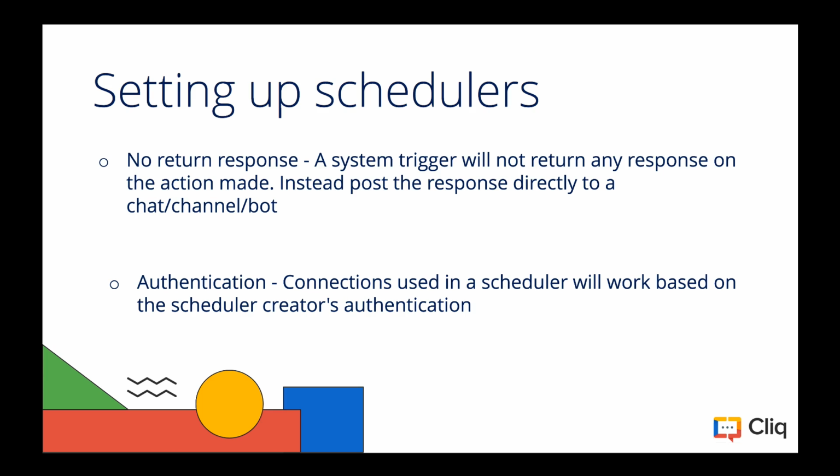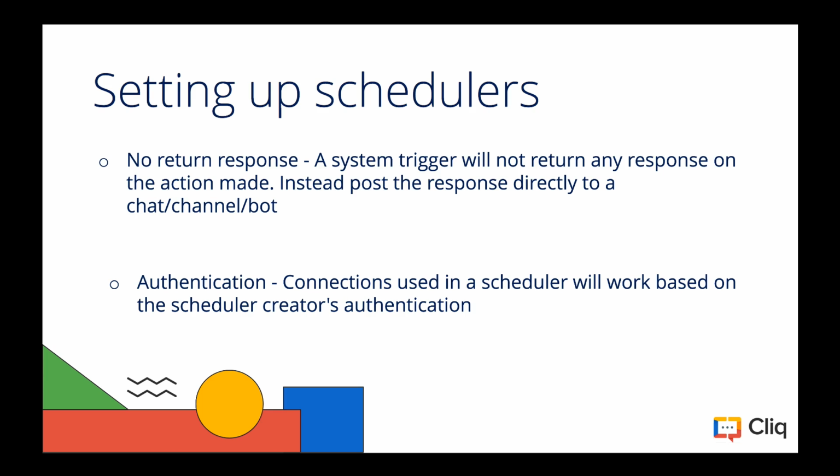So there are a few important things you should be aware of while you're setting up a scheduler. The first one is no return response. Since a scheduler is technically a system trigger, we will not need to return any response to the chat. Instead, we will be using our deluge tasks to post a scheduler response in a chat or a channel or to a bot.